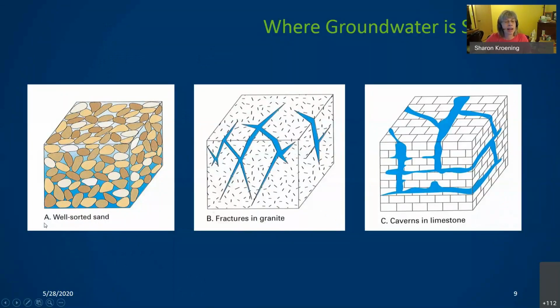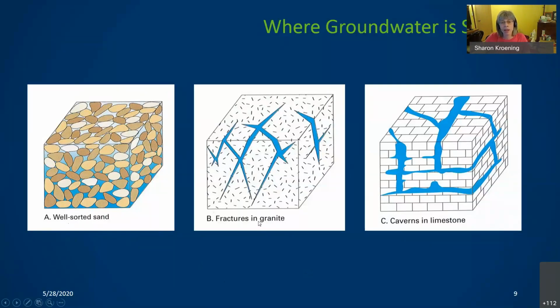Slide A shows an enlarged view of the sand grains, and the water in blue beneath these sand grains would be the groundwater that's extracted from the ground. Sand and gravel deposits are one of our main sources of groundwater in Minnesota, and these deposits can extend up to 400 feet thick in some parts of central Minnesota.